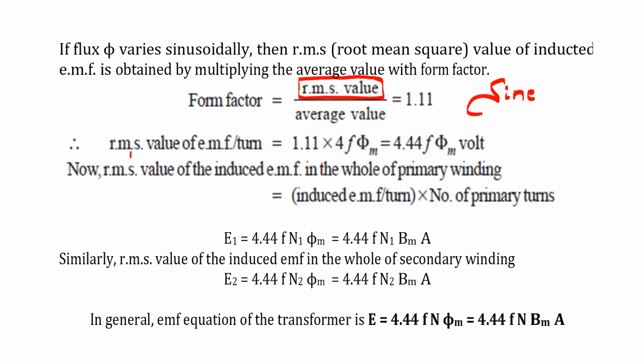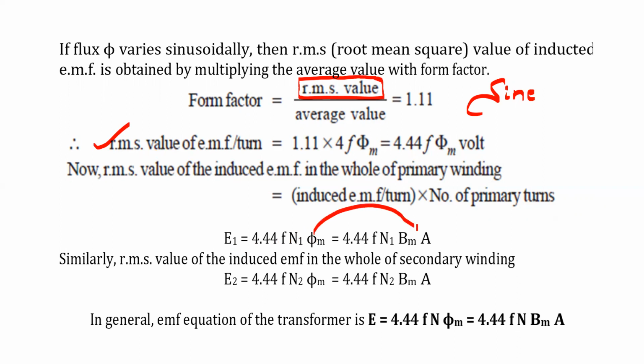Now substitute here: RMS value is equal to 1.11 into 4 f phi m, which gives 4.44 f phi m. This is per turn. For the total number of primary winding turns, we multiply by the number of turns, so E1 is equal to 4.44 f phi m into N1.